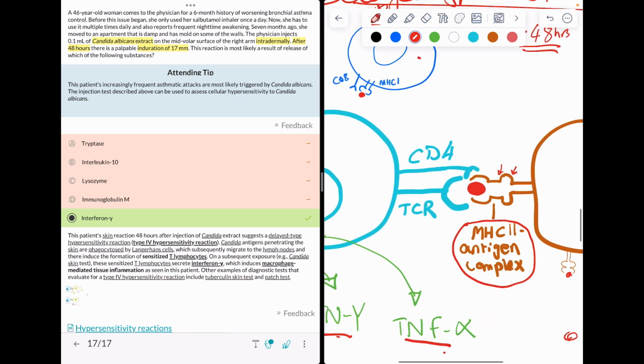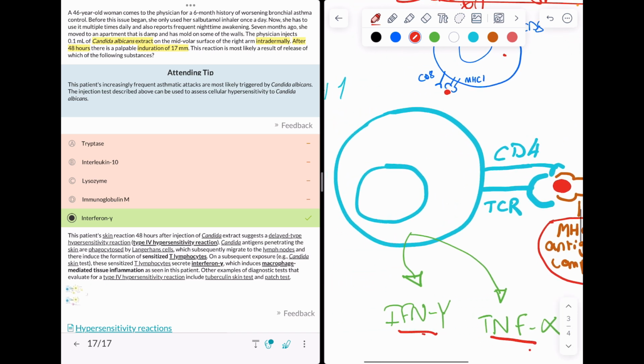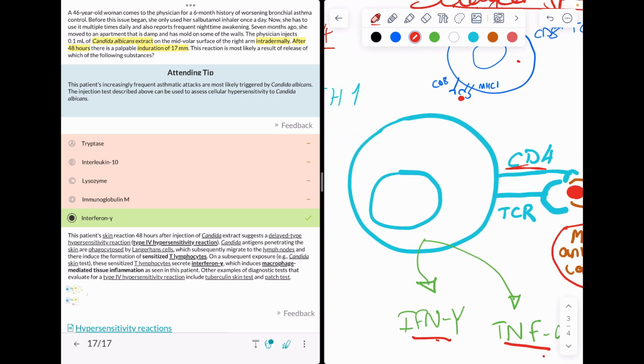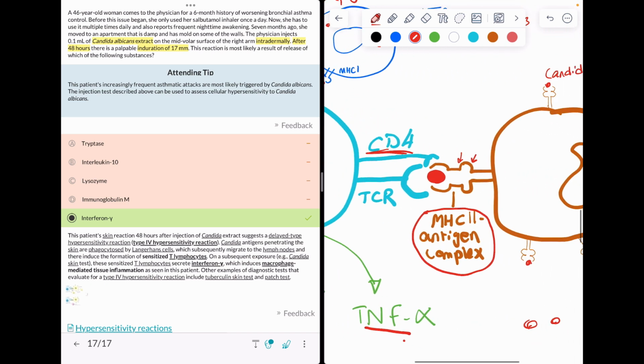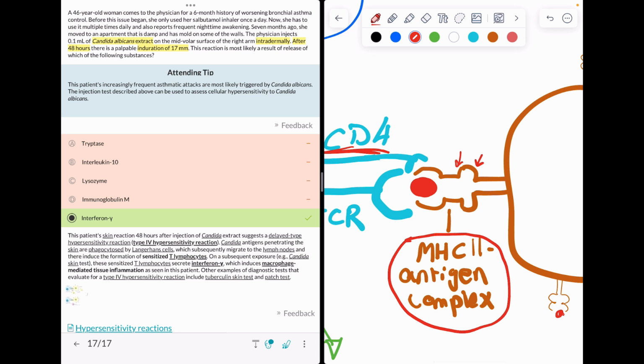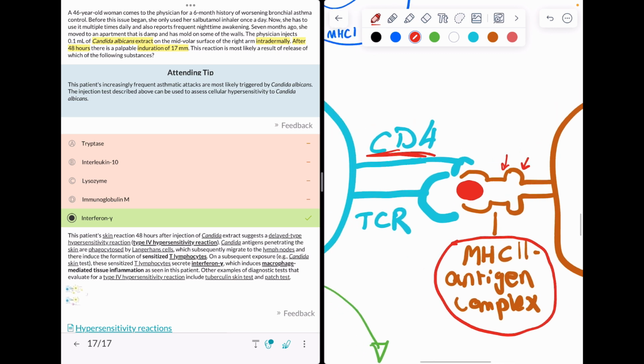Now, presentation on MHC2 right away brings in CD4 positive T cells. When CD4 positive T cells recognize the antigen presented by MHC2 receptors on antigen presenting cells, only the antigen presenting cells have this receptor, guys. These include macrophages, dendritic cells, Langerhans cells. Those are the antigen presenting cells.